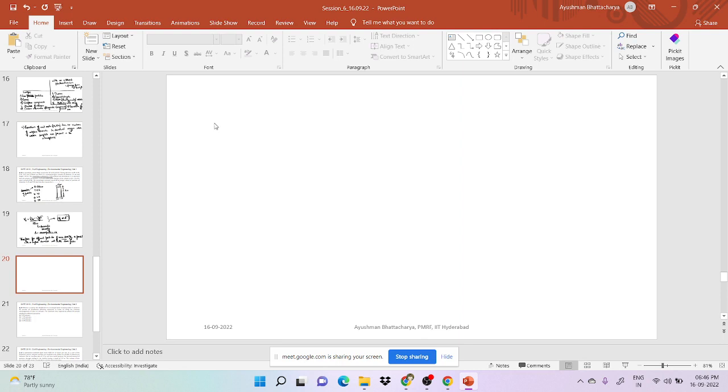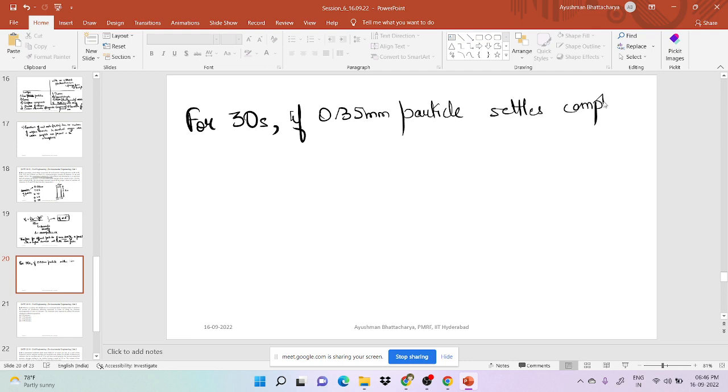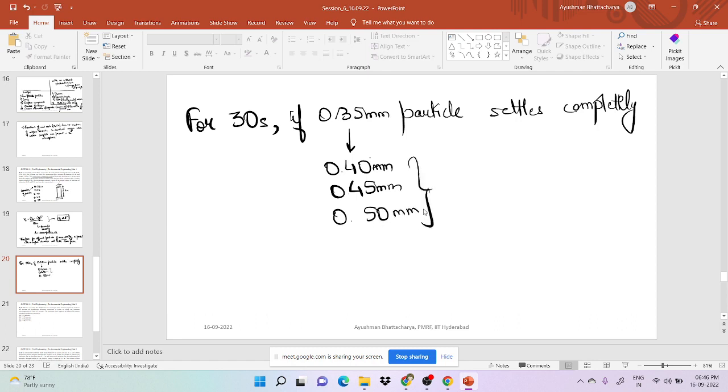So based on the question, for the 30-second duration, if the 0.35 mm particle settles completely, then it is obvious that particles greater than this size, that is 0.40 mm, 0.45 mm and 0.50 mm, will settle completely, because settling velocity is directly proportional to d square.